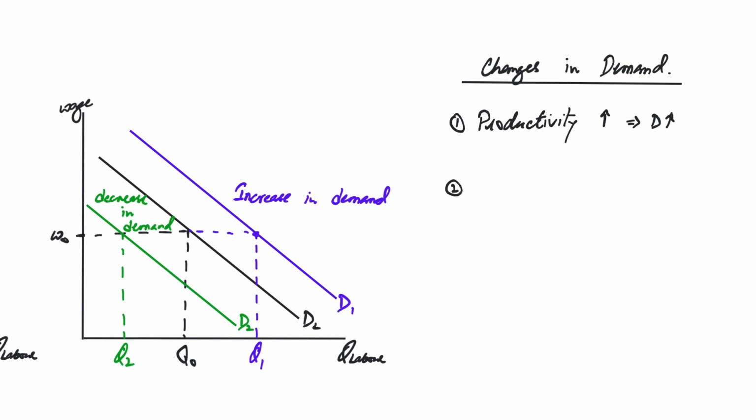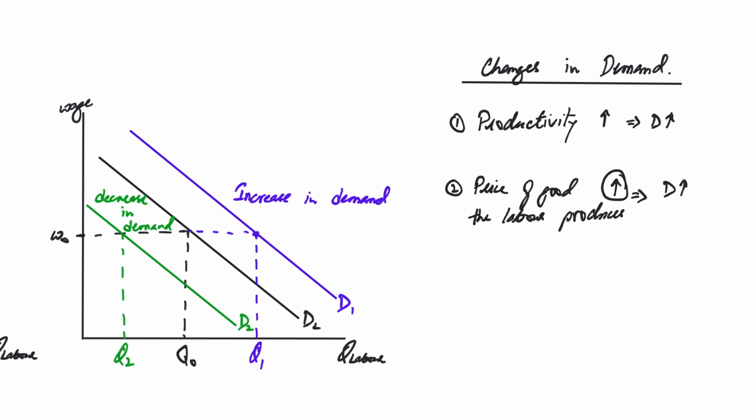Number two, the price of the good they are producing, the price of the good the labor produces. If that goes up, then again the demand for labor is going to go up.